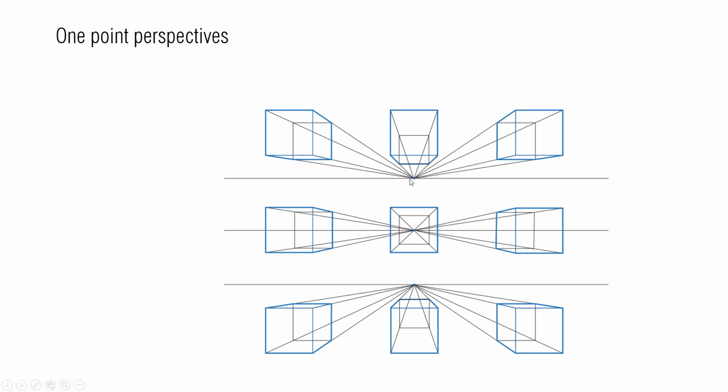You can see that it's more like viewing from below, and you can actually see the bottom face of the boxes. This is sometimes called a worm's view. And if you raise your viewpoint, meaning viewing from above, the horizon line is also raised, and then you see this kind of setting, and this is called the bird's view.